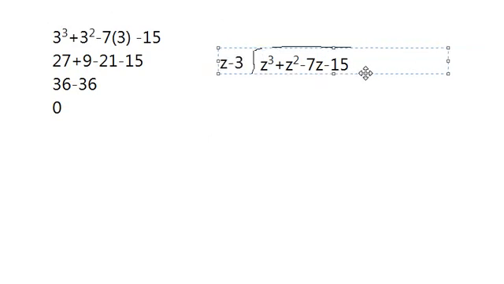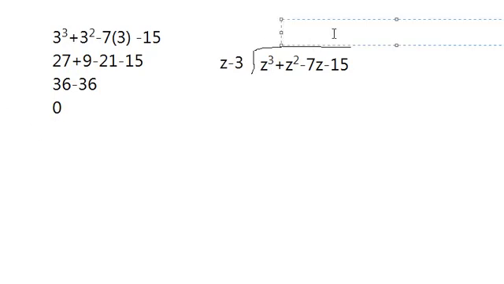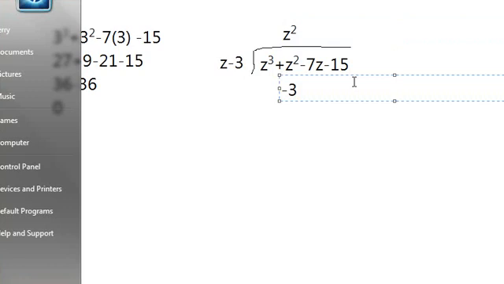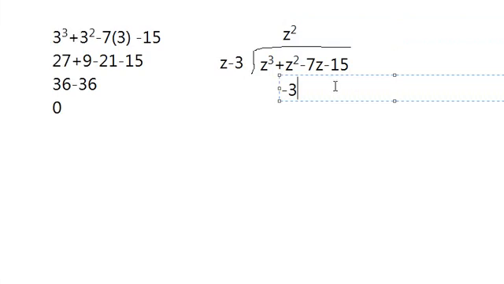Remember, this time we're using z minus 3, because we know that this whole thing is 0. So this factor will make the whole equation 0. Now we need to match the first term as z squared, so this is z cubed minus 3z squared.